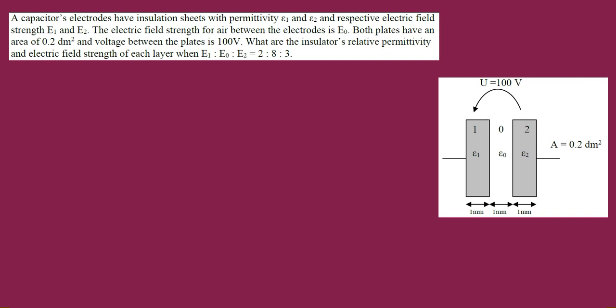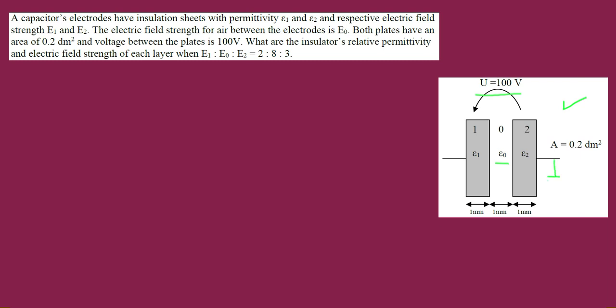Hello guys, in this tutorial I will solve a problem where we are given three layers of insulation. As you can see in the given figure, we have layer 1 with permittivity epsilon 1 and layer 2 with permittivity epsilon 2, and in between we have air with permittivity epsilon naught. The voltage applied across the insulation is 100 volt, which means voltage rises from right to left.